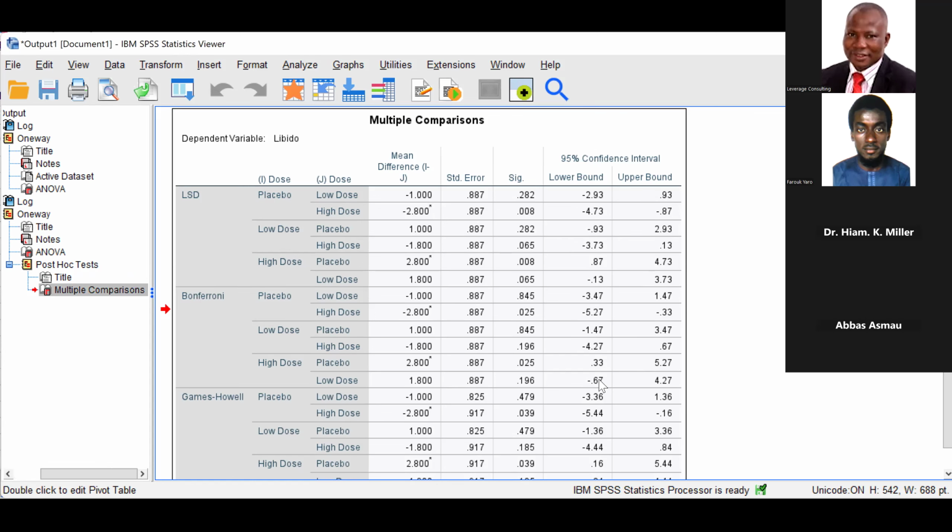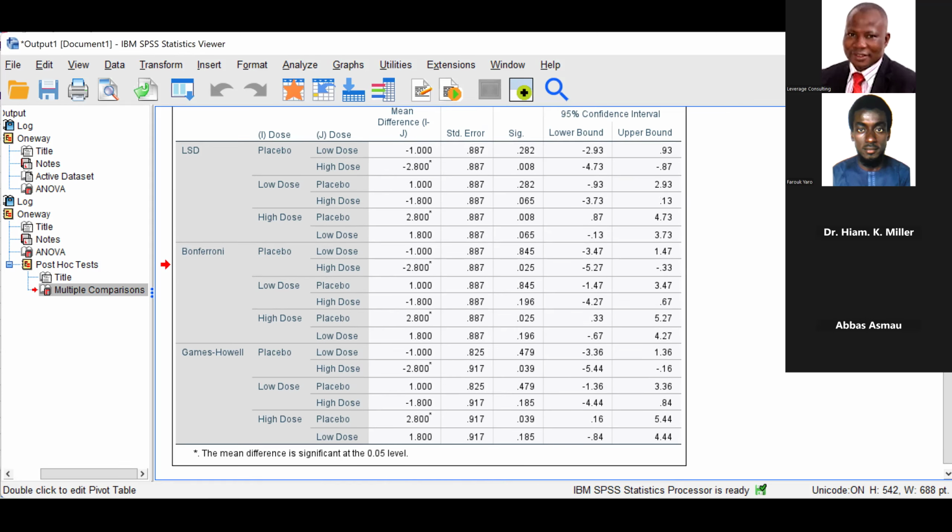But if you look at Games-Howell, oh well, let me see Bonferroni. Okay, so that's the only significant thing there if you look at it. In fact, it's only LSD that was almost significant, the difference between low dose and high dose.